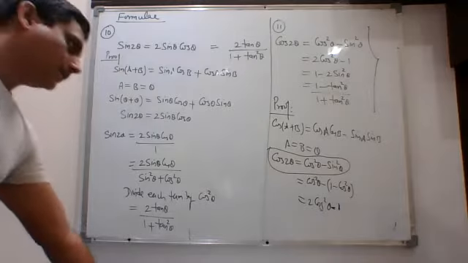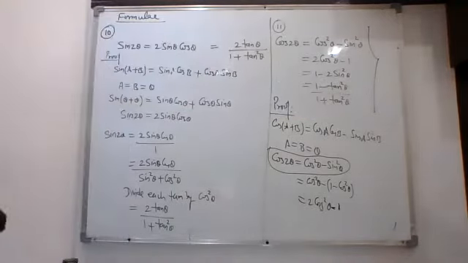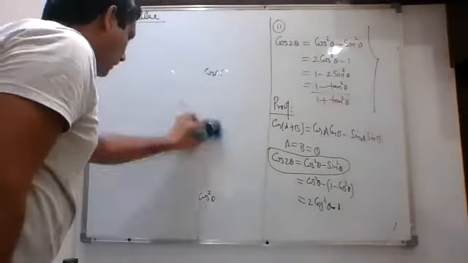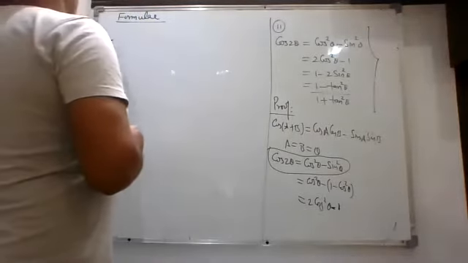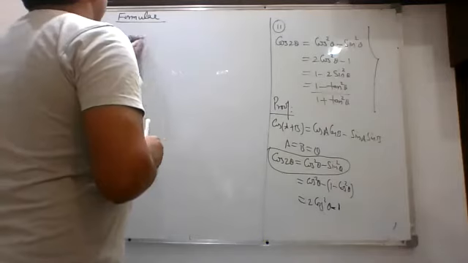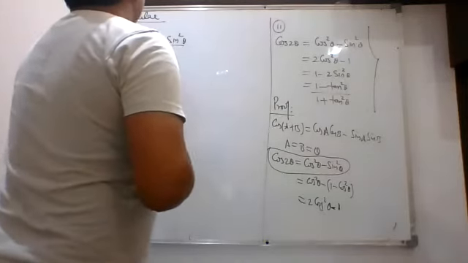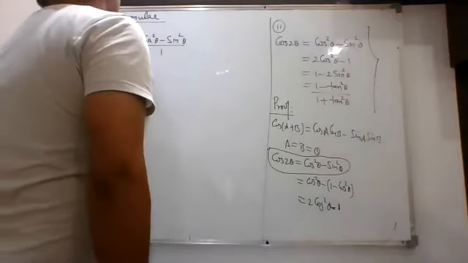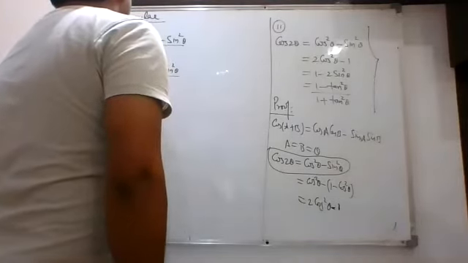Next is how to prove the last one, that is this tan form. So in order to prove that, we know that cos 2θ is given by cos² θ minus sin² θ. Now anytime we can write upon 1. So again that 1 can be written as sin² θ plus cos² θ.